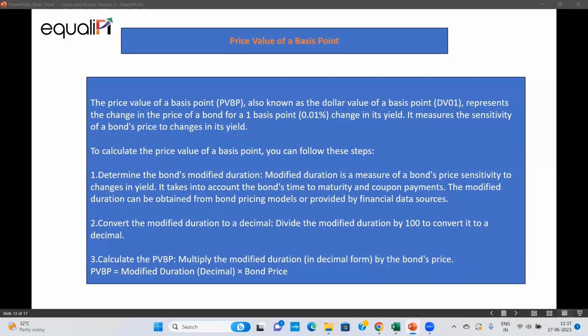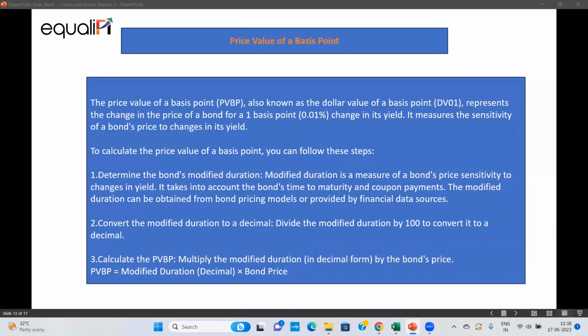That is what we wanted to find out: the sensitivity of the price of the bond for a change of 1 basis point in the yield. So not 1%, it is 0.01%, which is 1 basis point.